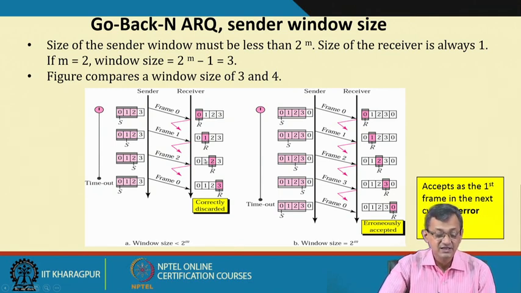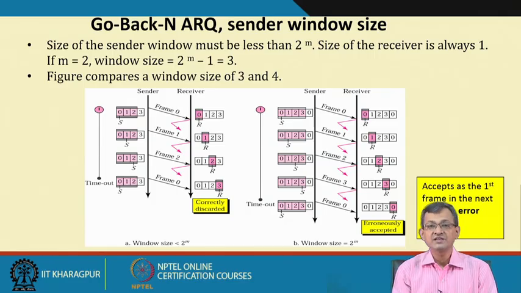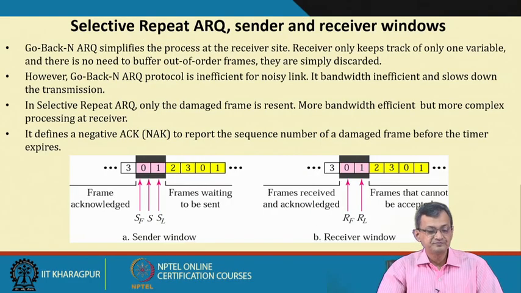Whereas in the other case, if there is a loss, it is expecting 2, but it correctly discards the 3, so it does not receive a 0. So window size plays a role in this sort of scenario.